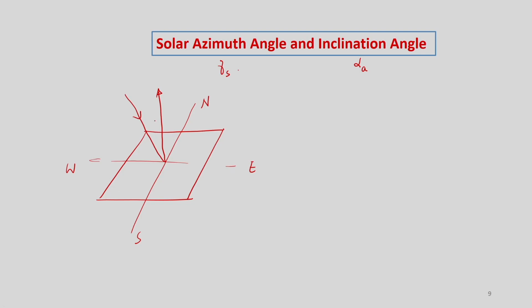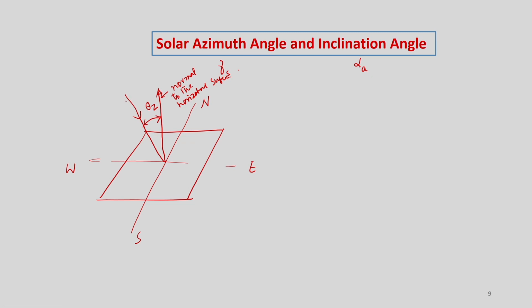So, this angle is always known, this is the zenith angle theta z. Please remember that this is a horizontal surface. So, we are not talking about an inclined surface, this is a horizontal surface, and this is the normal to the horizontal surface. And this is the incident beam radiation.